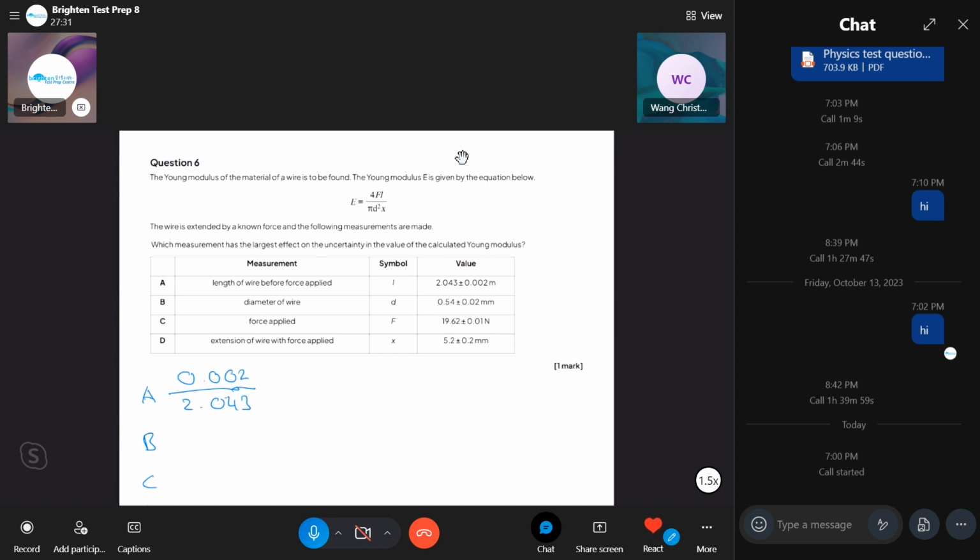B, how do we have to calculate that one? 0.02 over 0.54, and then the other one just 0.01 over 19.62, and D is then just 0.2 over 5.2.